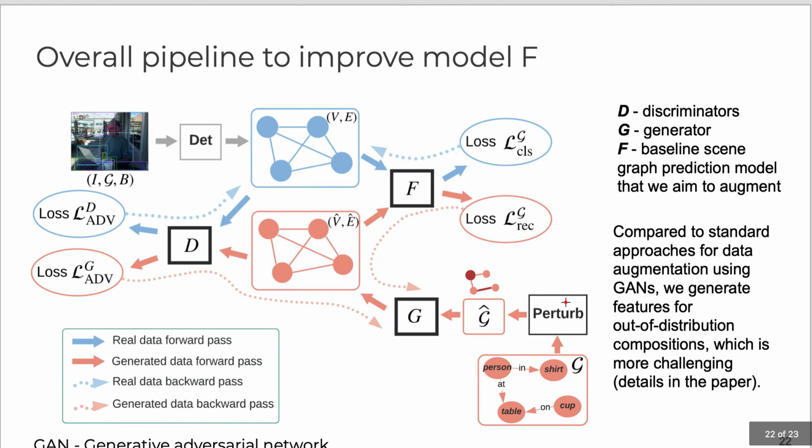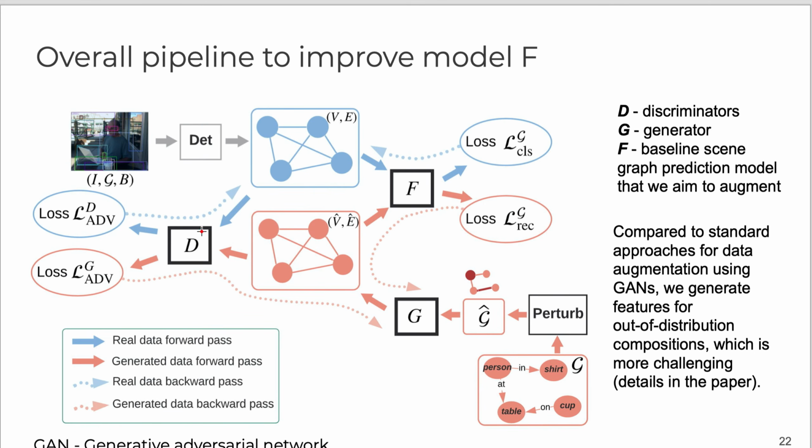So we apply a generative adversarial network in this work, and this is the pipeline that can be a little bit complicated, but we describe the details in the paper. The idea is basically we perturb scene graphs, and this is the generator. It generates visual features, and we want to match the distribution of real visual features of nodes and edges and generated visual features.